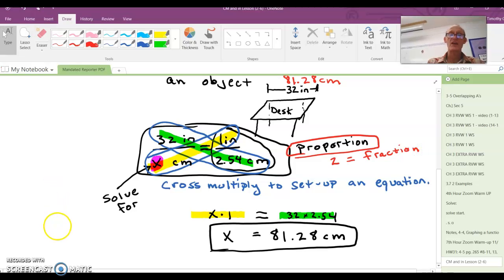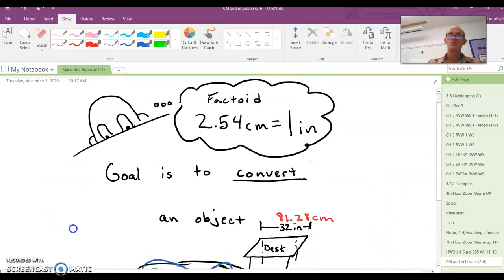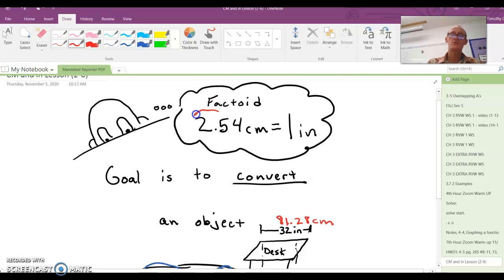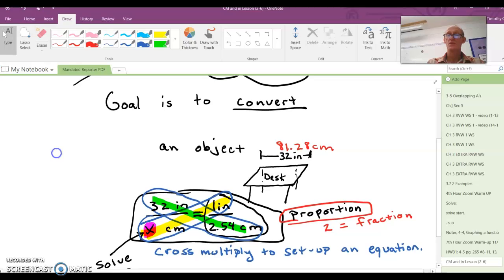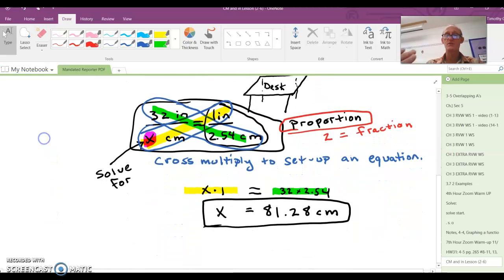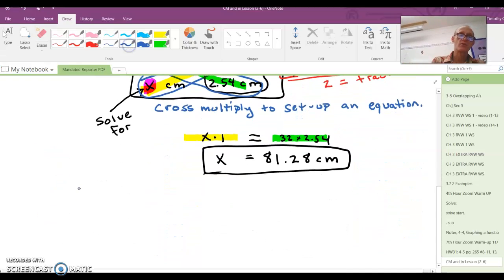We use this factoid here, that 2.54 centimeters equals 1 inch. If something is 32 inches, then you figure out how many centimeters there are. Now, what if it was the other way around? Let's do one more example.